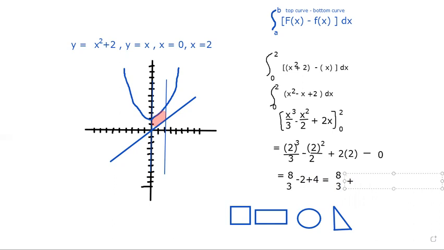And you can rewind this and kind of simplify it and find out what we need to find out here. 8/3 plus 2, when we get that common denominator. You know what? I'm just going to show it anyway.